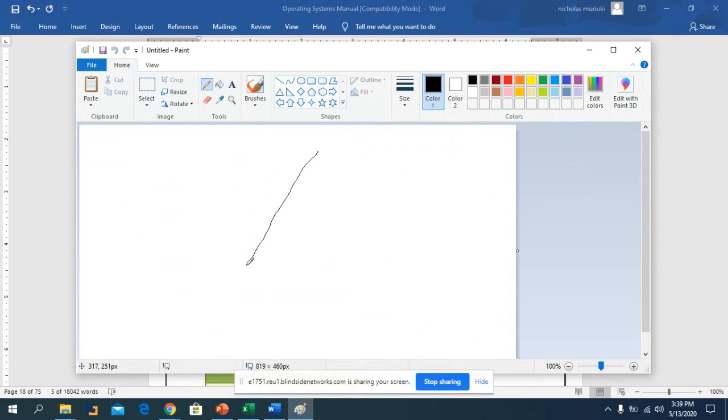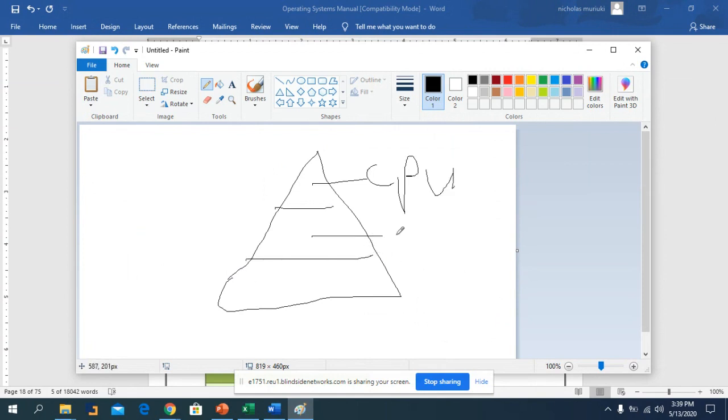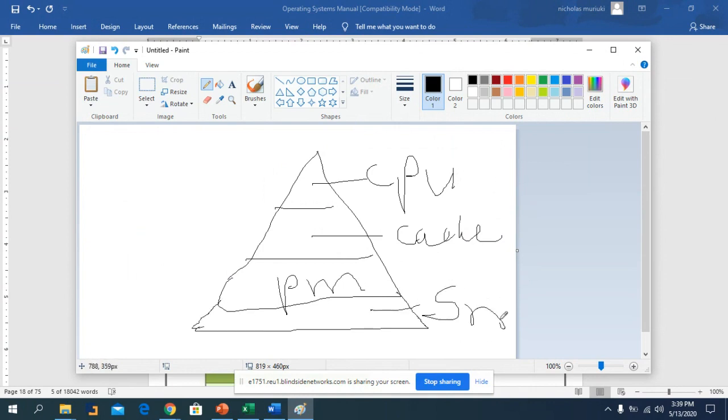We said we can have the CPU, the cache, the primary memory, and the secondary memory.